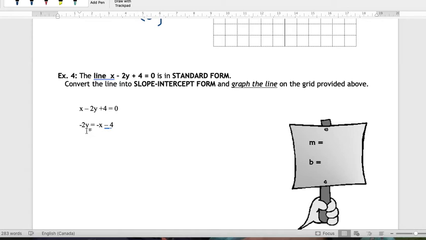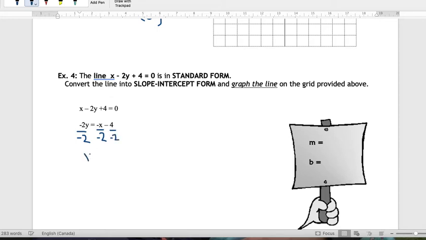So remember, we want y alone and positive. In this case, we're going to divide out a -2 from each term.